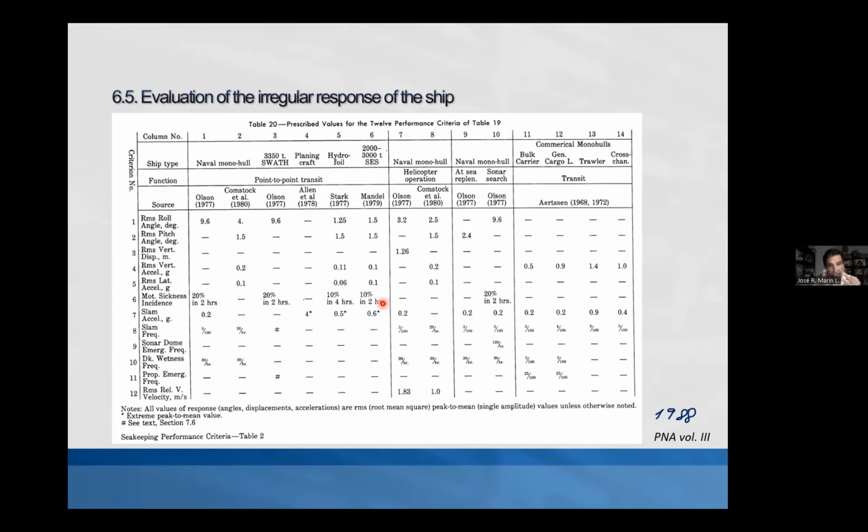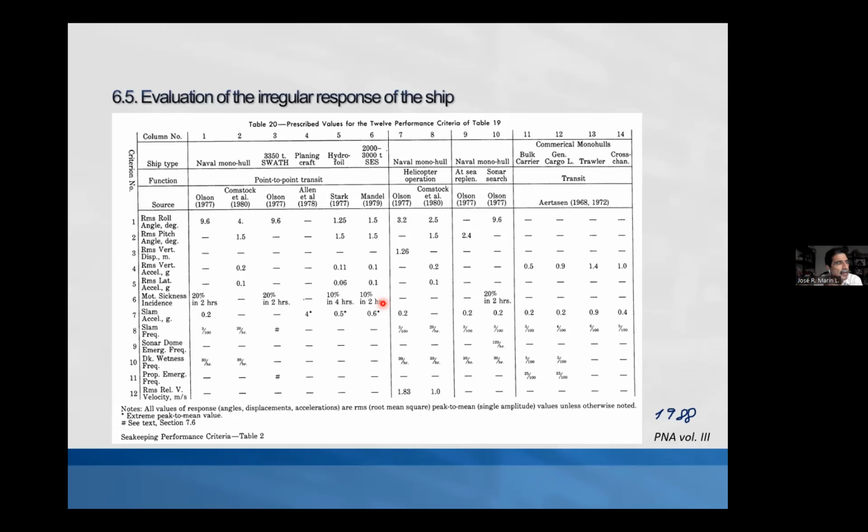Since this table is very old, from 1988, I'm going to allow you to use 2 parameters from this table, and you have to find another parameter from another source, more up to date than 1988, in order to evaluate your design with that parameter also. So you need to evaluate 3 parameters. 2 of those could be from this table, and another you have to find according to the type of your ship. And you have to calculate it, and in the end, you can evaluate.